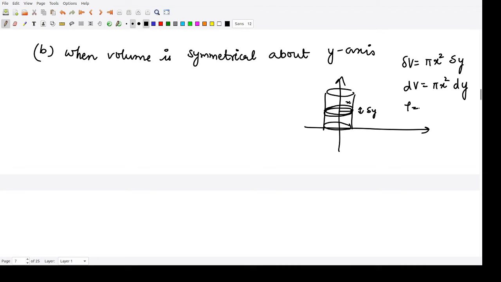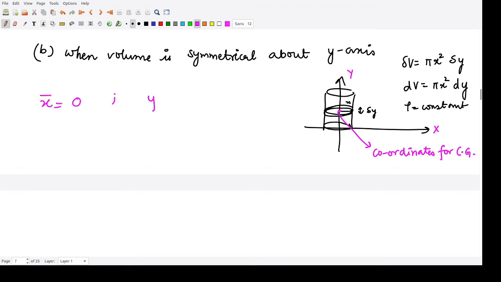And we take rho to be constant. In this case, what are the coordinates for the center of gravity? The expression for x bar would simply be 0 because the center now lies on the y-axis, right?